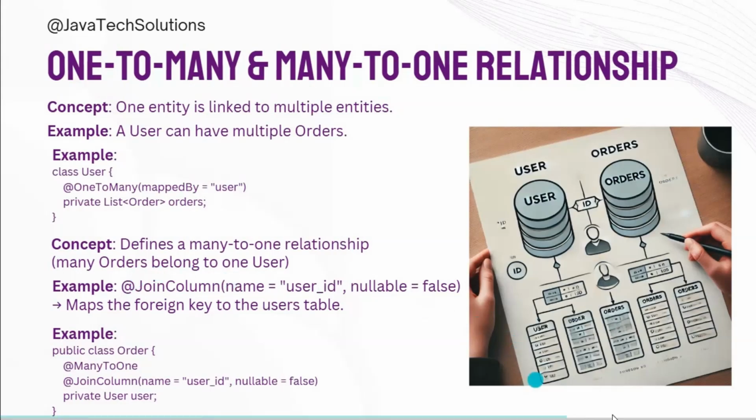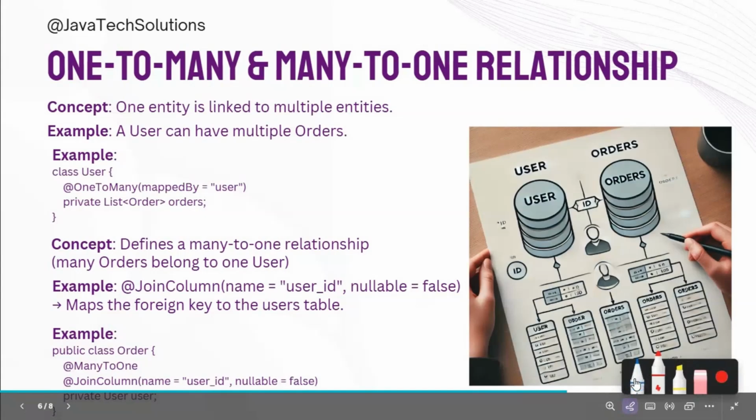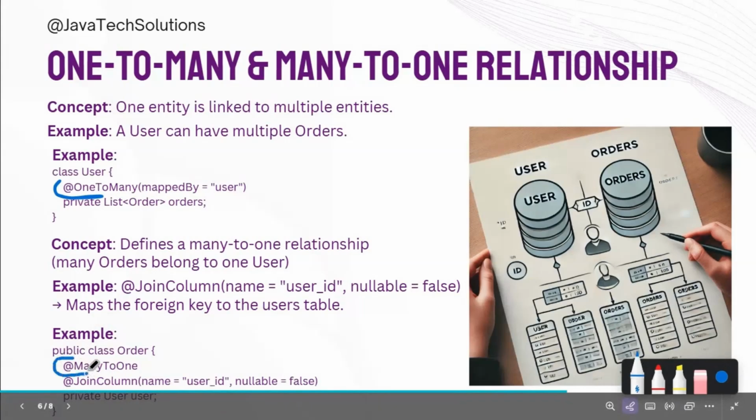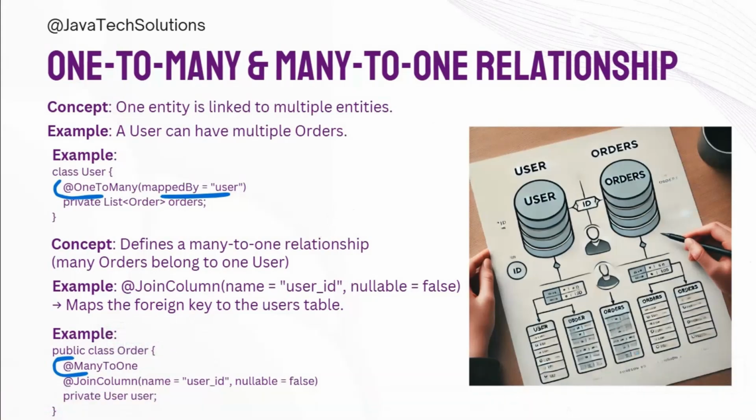Now how are we going to implement this? If you see this, we need to use @OneToMany over here, and here @ManyToOne, and here you can define the mappedBy, and here we can use the @JoinColumn. So in this way basically we can use these things.